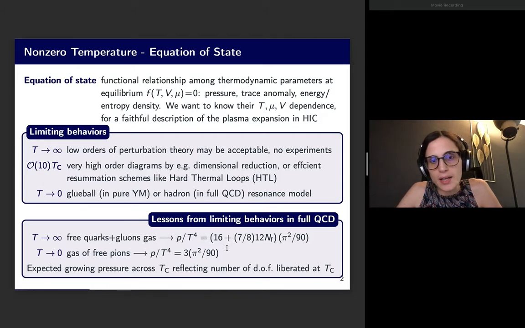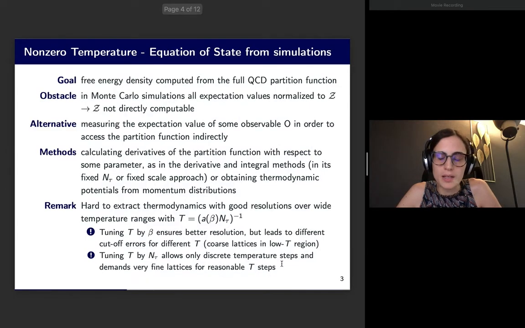Then, naively and without imagining more complicated scenarios, what one would expect is that the pressure grows across the transition temperature, and this makes sense because it would reflect the fact that a larger number of degrees of freedom are actually liberated at Tc as soon as we cross the phase boundary.